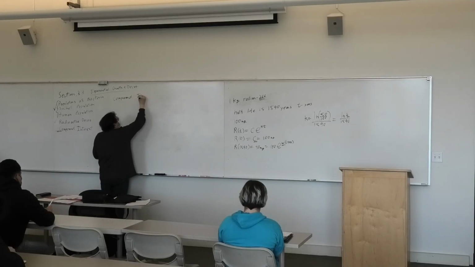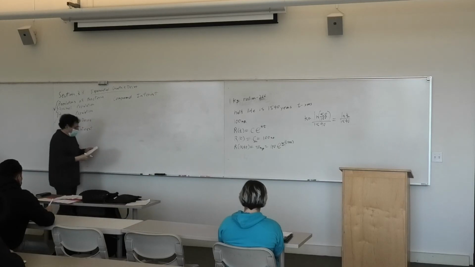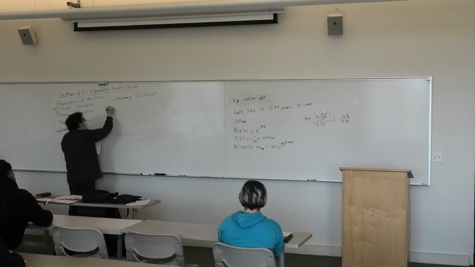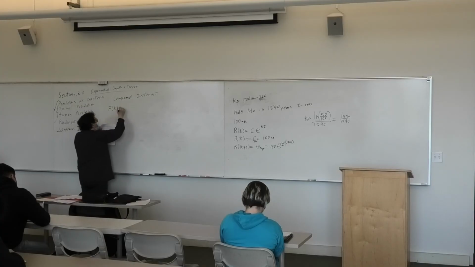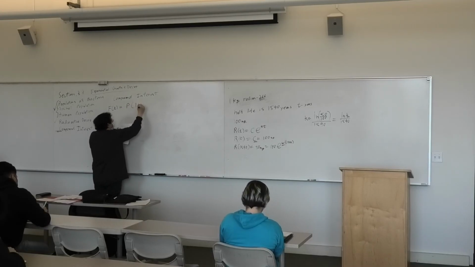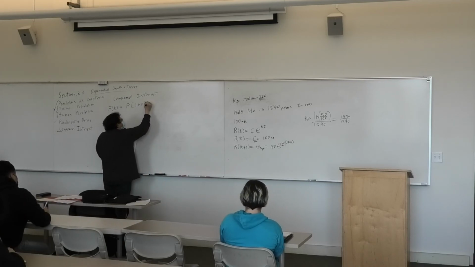Compound interest. So basic compound interest looks like this. Future value, in dollars or whatever currency, is your present value times 1 plus the interest rate, which I'm used to calling i, but apparently it's common to use r, raised to the time.